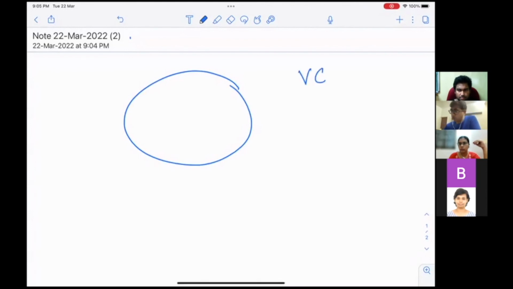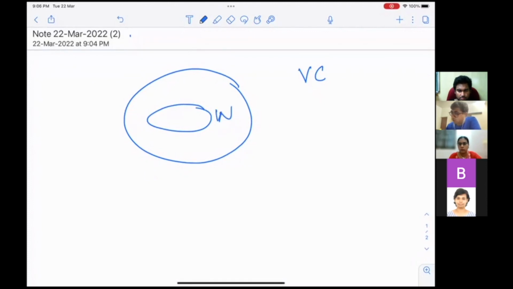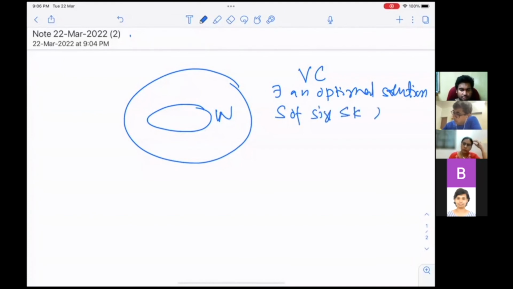In the beginning, we found a set W, so our first branching algorithm was based on a set W such that there exists an optimal solution S of size at most K such that S intersection W is not equal to empty. So we designed our first algorithm based on that, okay?